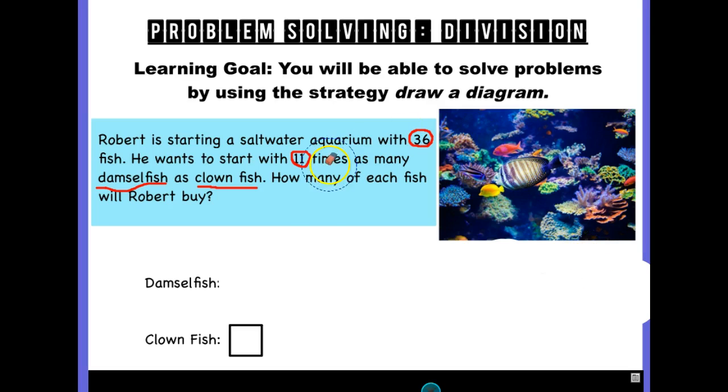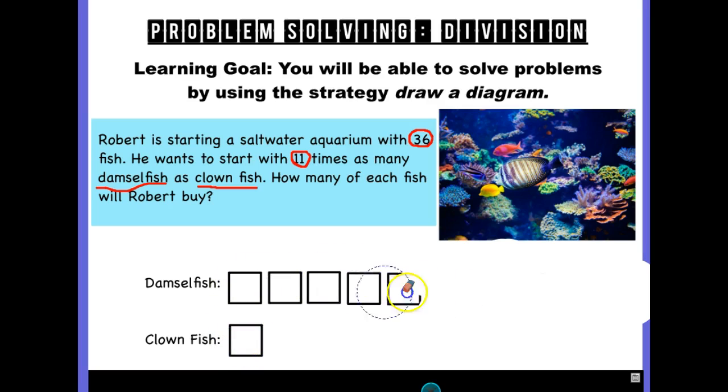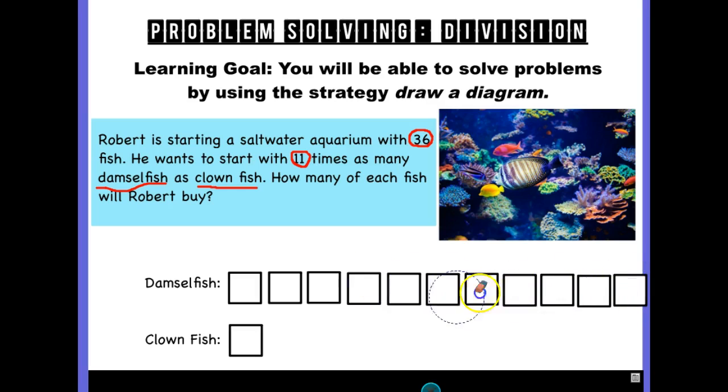Now, how many boxes does the damselfish get? Well, he wants 11 times more damselfish than clownfish. So if the clownfish gets one box, that tells me that the damselfish is actually going to get 11 whole boxes.